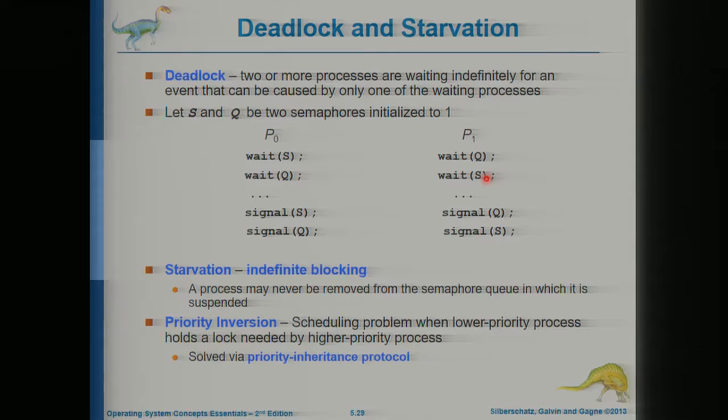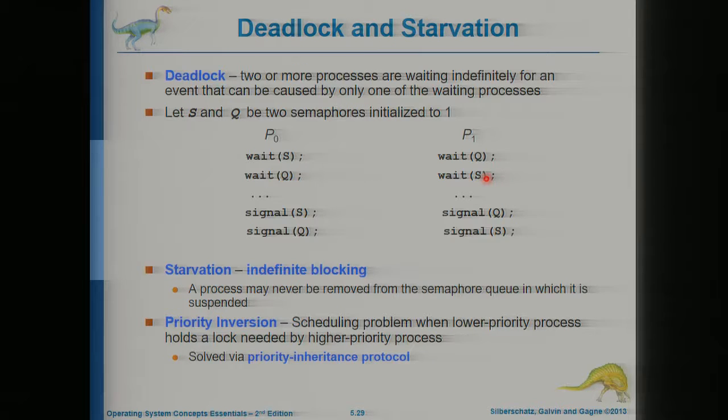Another problem that we have is priority inversion. What is priority inversion now? Supposing we have n processes, and these n processes are going to execute on priority basis. Some processes have higher priority, some have lower priority, and lower priority always has to wait till the higher priority process finishes its execution.